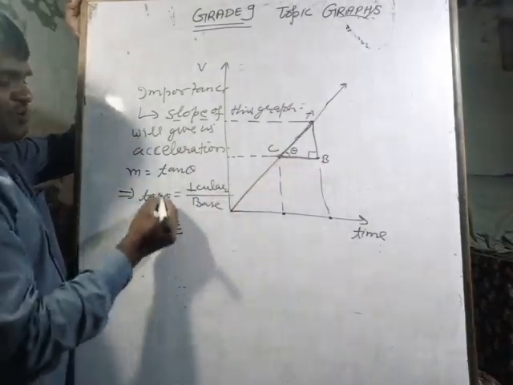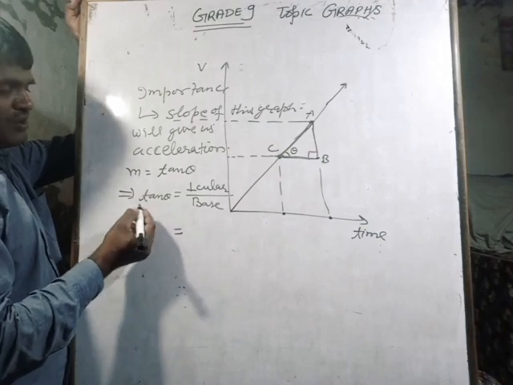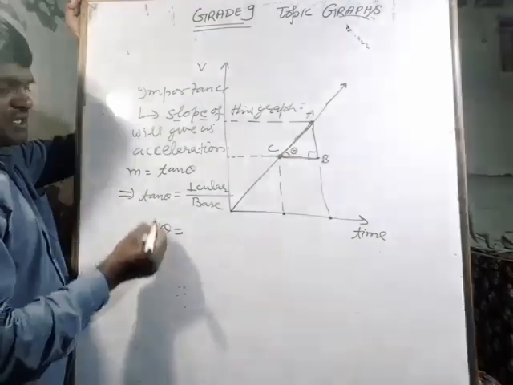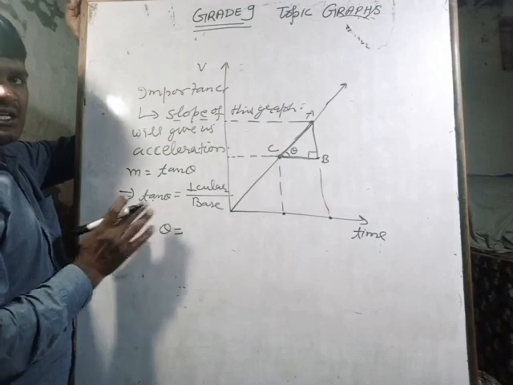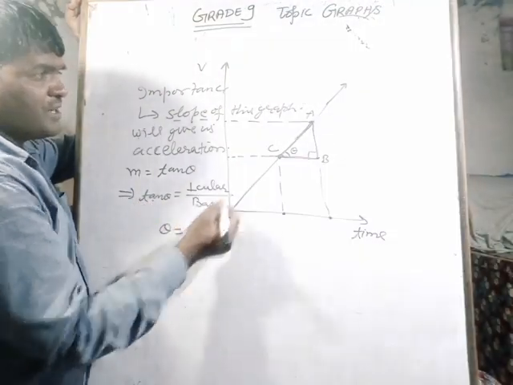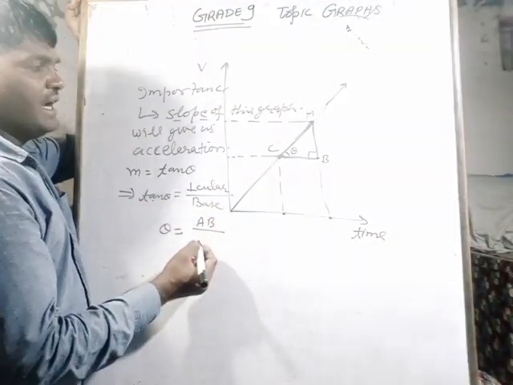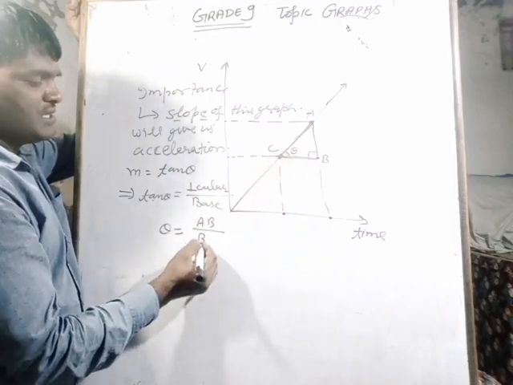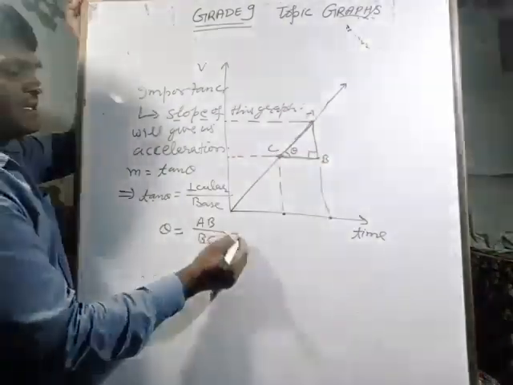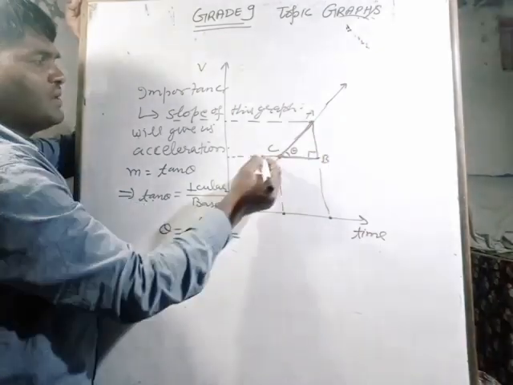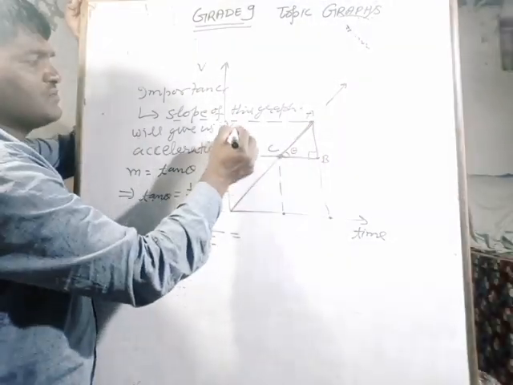Since theta is very small, sin theta and tan theta may be converted into theta. So the perpendicular is AB and BC is the base. What is AB here? Let it be V1 and V2.